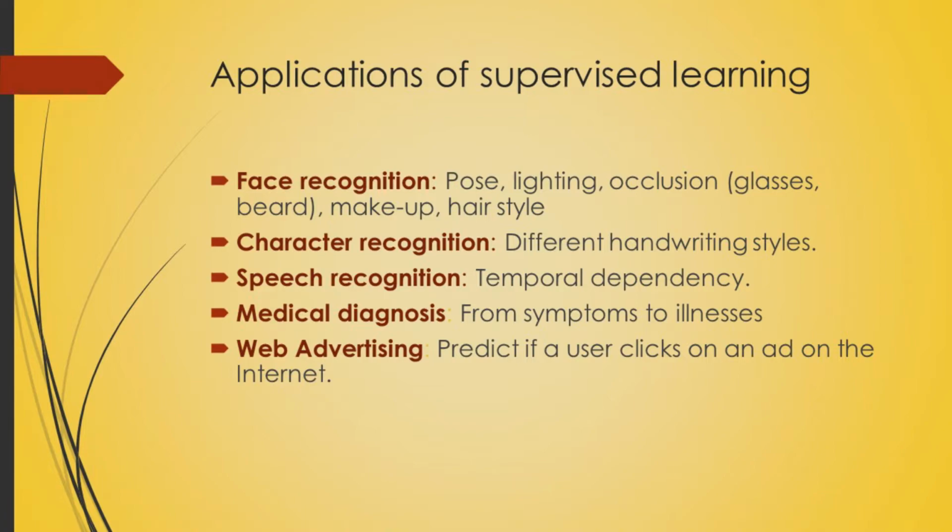Okay, so that is a very good application of that. Speech recognition, the way you talk, it can tell you who you are. For medical diagnosis, if certain symptoms are there, you can predict what the illness is, right? If somebody is coughing too much, coming from China, you know.